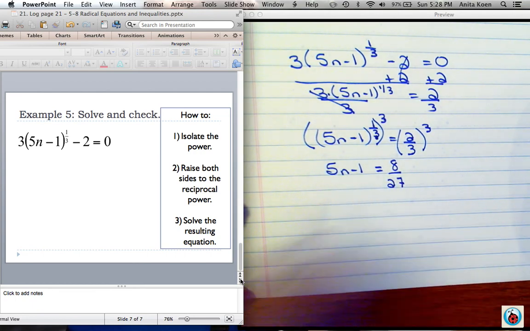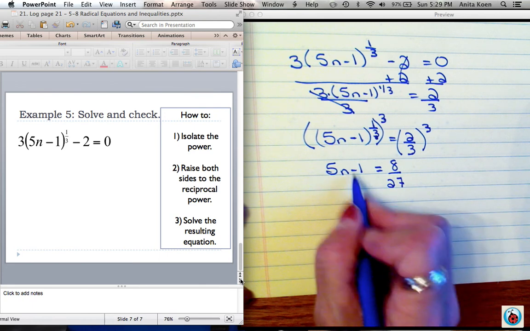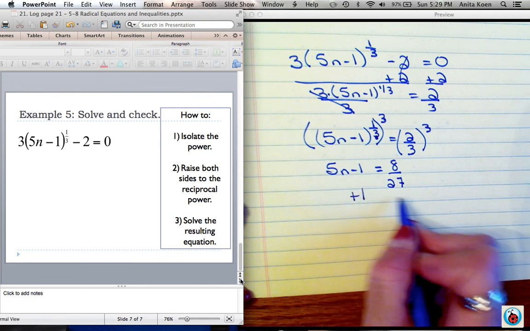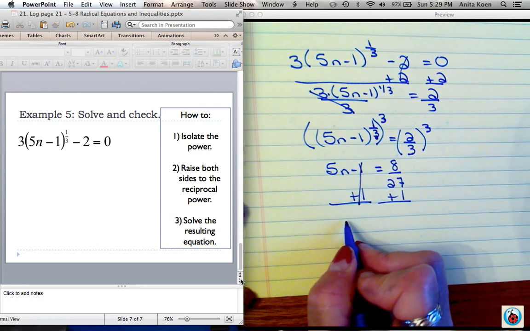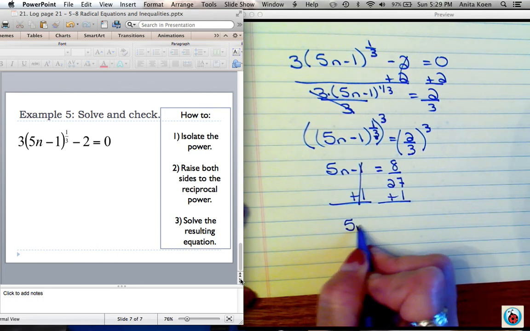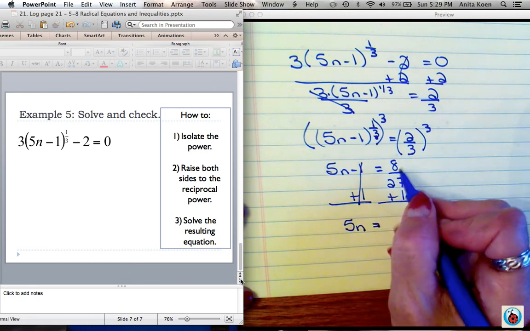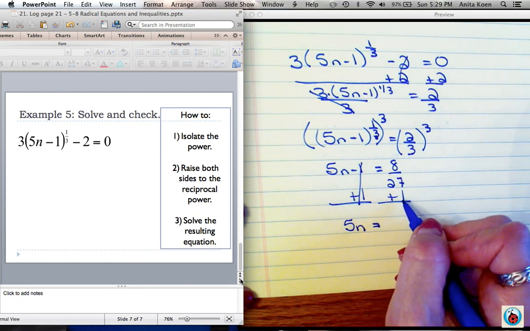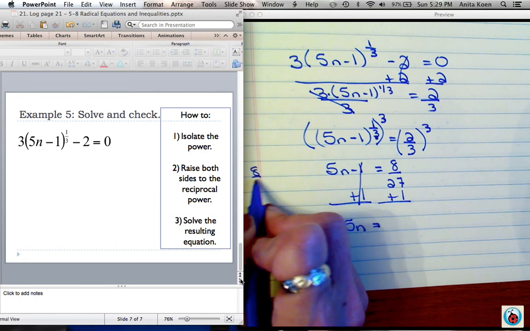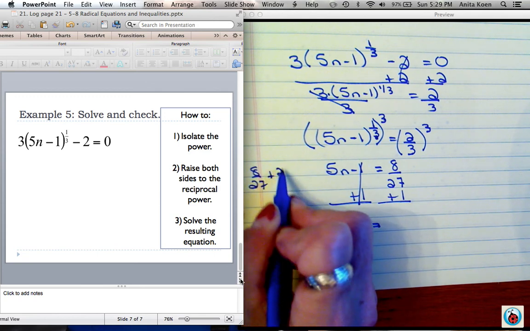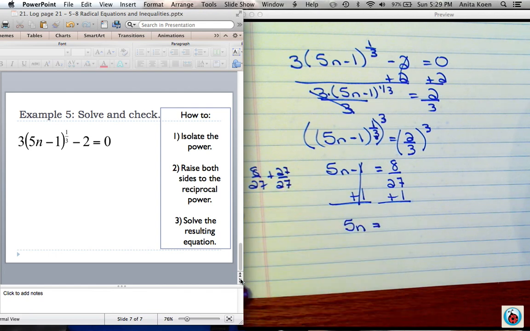And now in order to isolate the n, we're going to add 1 to both sides. Negative 1 plus 1 is 0, so that's 5n equals 8/27 plus 1. You can go to your calculator and do this, but 8/27 plus 1 is the same as 27/27.